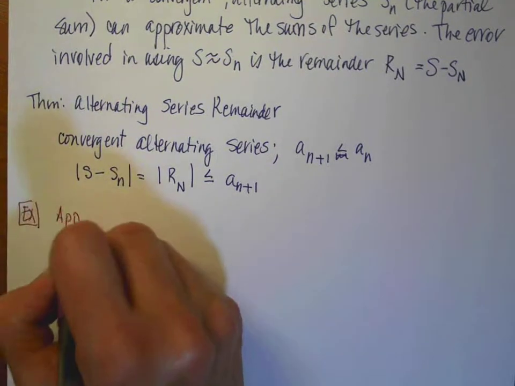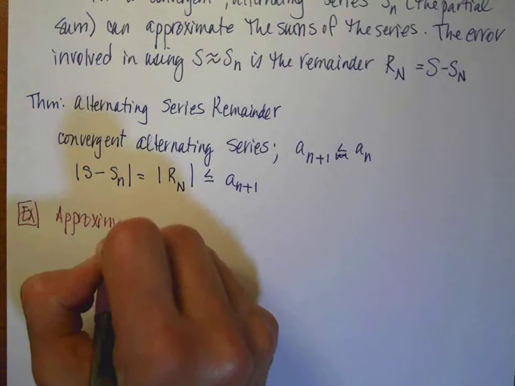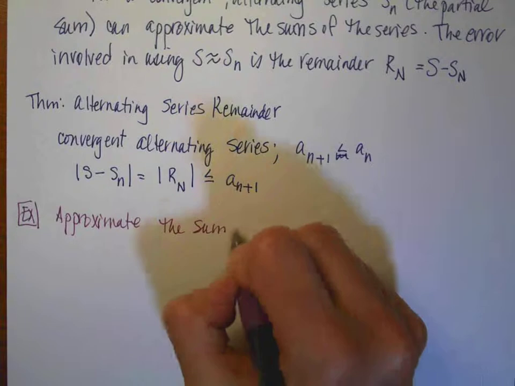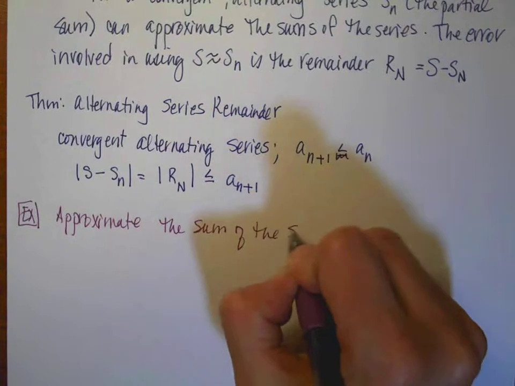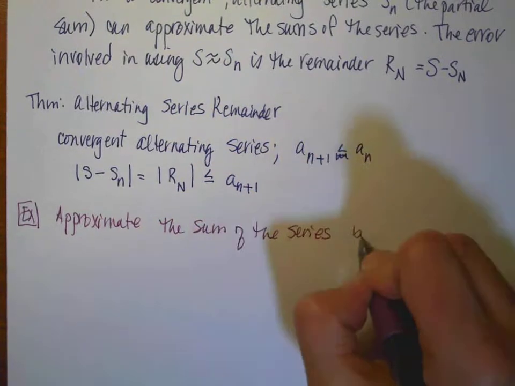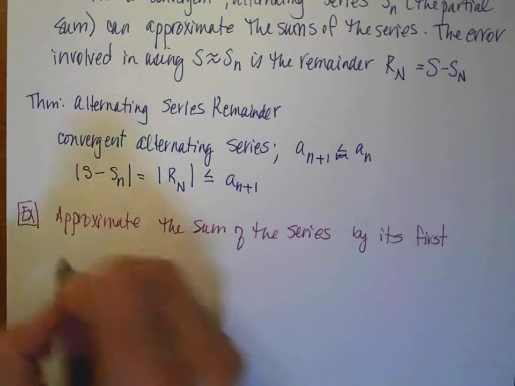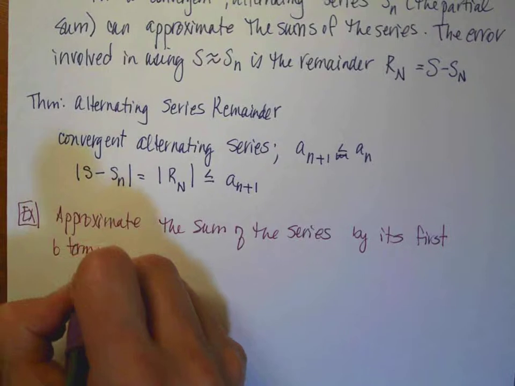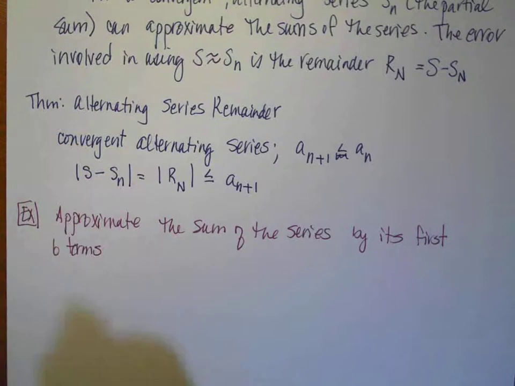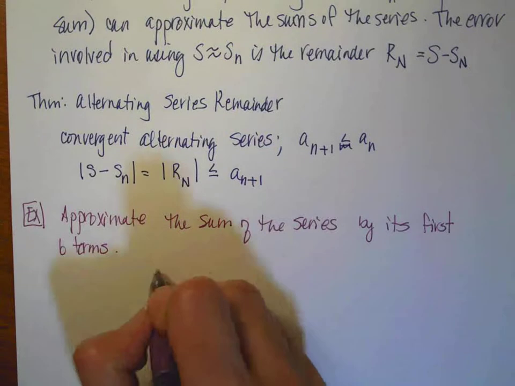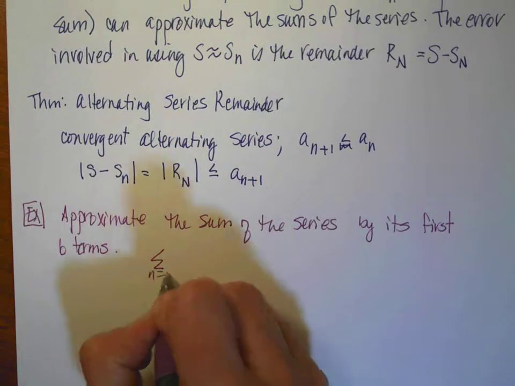So here's our example, and it's going to say approximate the sum of the series by its first 6 terms. So we're going to use the sixth partial sum to approximate the sum of the whole series.